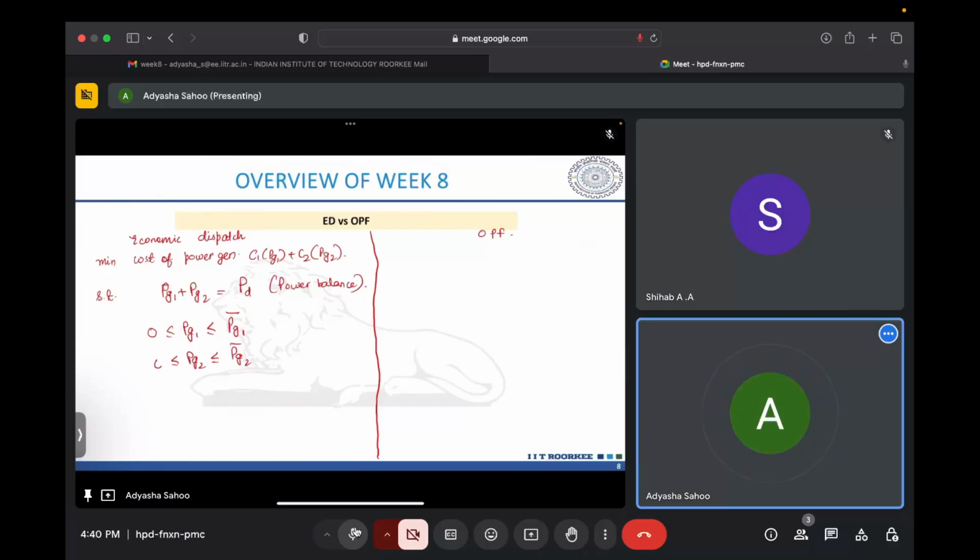So the solution that we get here is basically the dispatch schedule of the generators, considering economics, to meet the load.